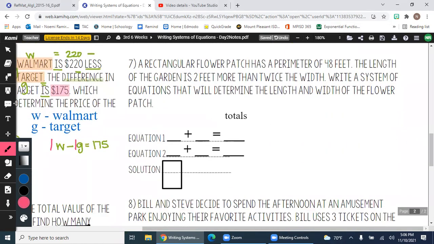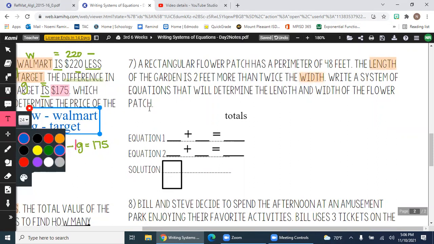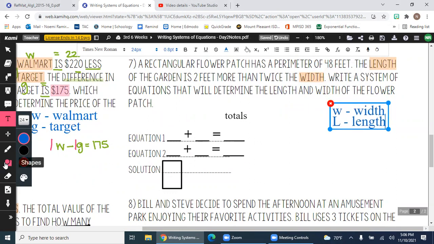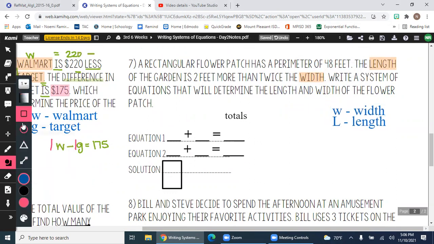So another one of those perimeter ones. Let's find those variables, length and width. So I'm going to type that up. Length. I'm going to just use W for width, capital L for length. Don't forget that length and width, or finding the perimeter of the length and width.